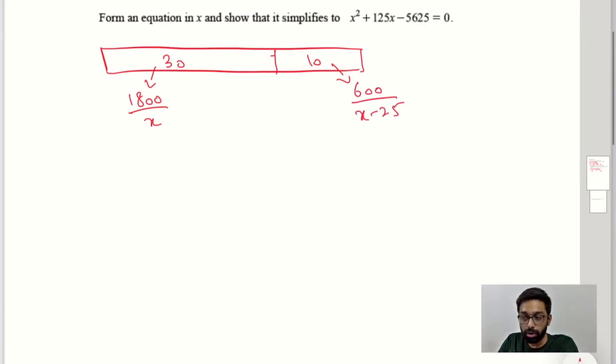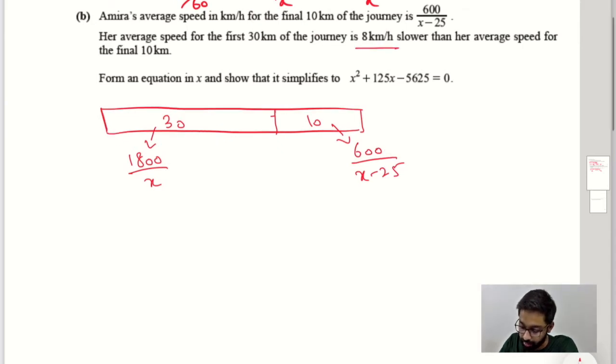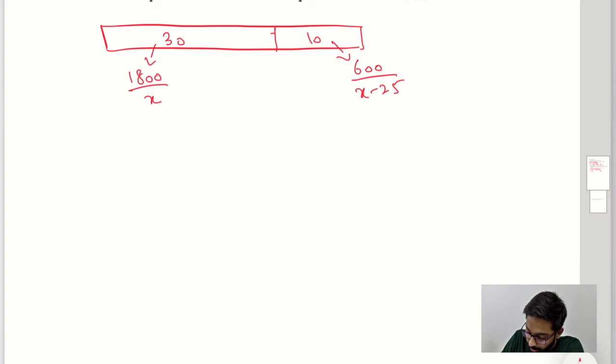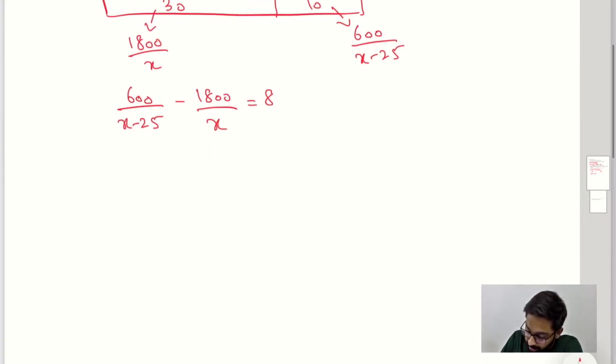Now, you should remember this part of the question where it says that the journey at the start is 8 kilometers slower than the journey at the end. So that means if you subtract 600 over X minus 25 and 1800 over X, the answer that you should get is 8. Okay, now let's find the LCM.